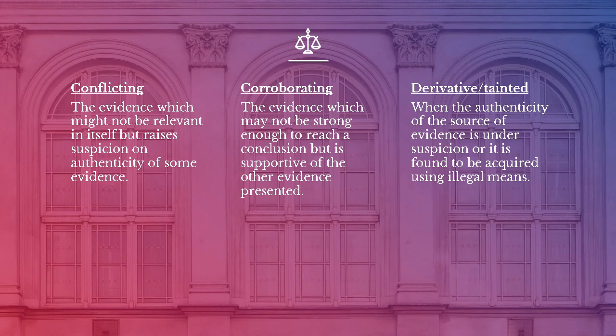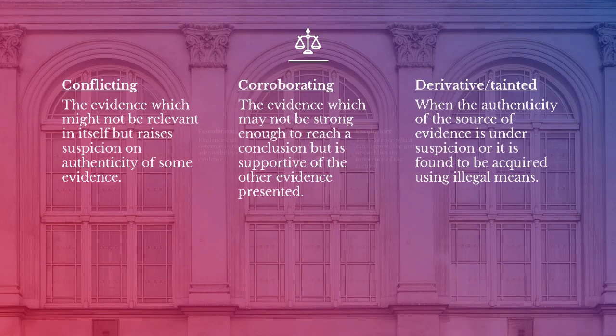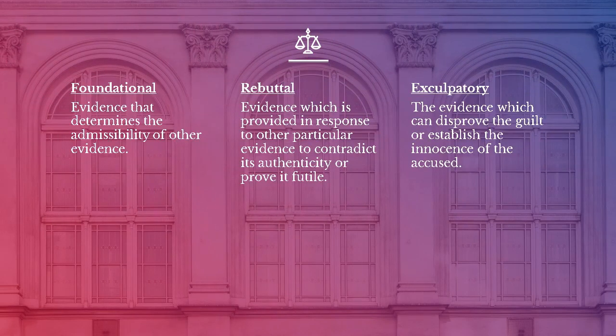If the authenticity of the source of evidence is under suspicion or it is found to be acquired using illegal means, it is not admissible in the court. Foundational evidence. Evidence that determines the admissibility of other evidence. Rebuttal evidence. Evidence which is provided in response to other particular evidence to contradict its authenticity or prove it futile.